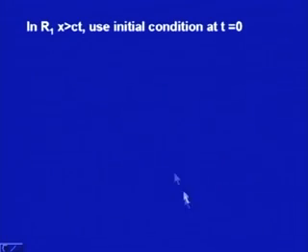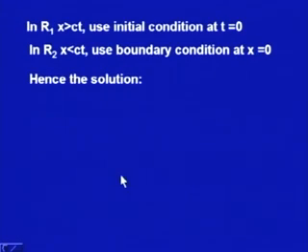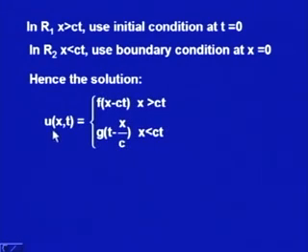So, what we are getting is in the region R 1, x is greater than c t and my characteristic was originating from the x axis. So, we use t is equal to 0, and in R 2, x is less than c t and we would be going to use the boundary condition. So, the solution would be now u x t as f of x minus c t.